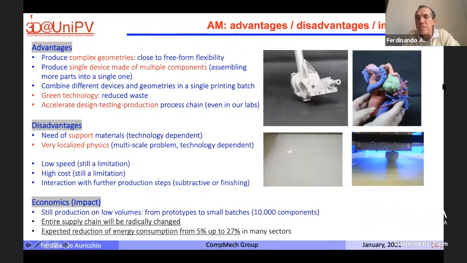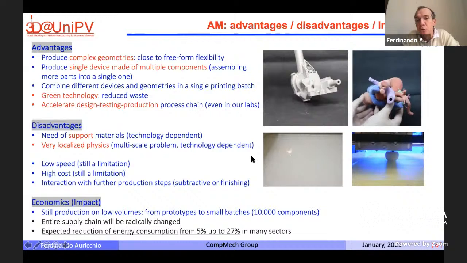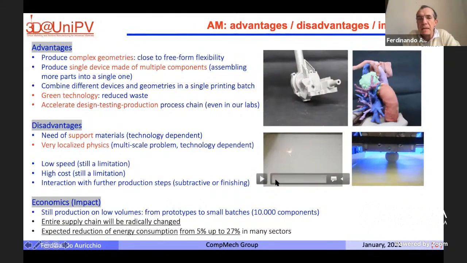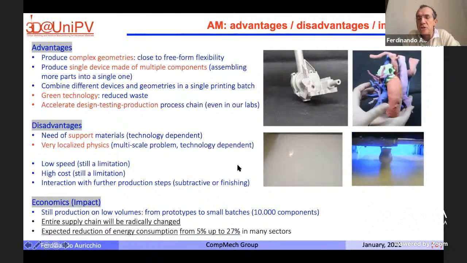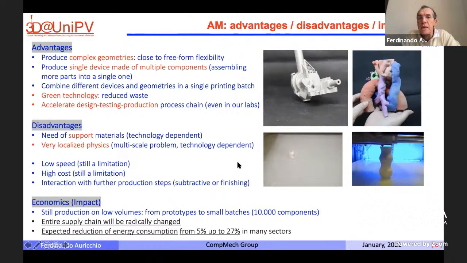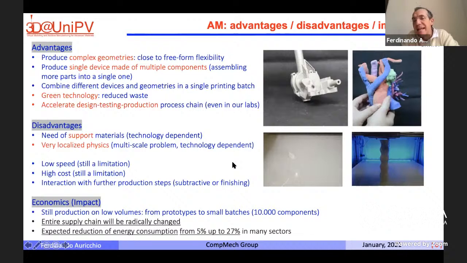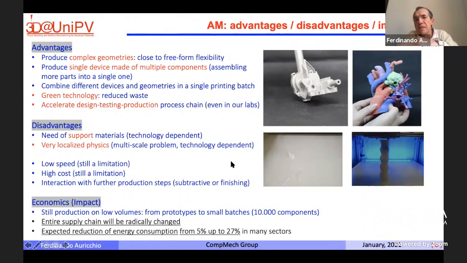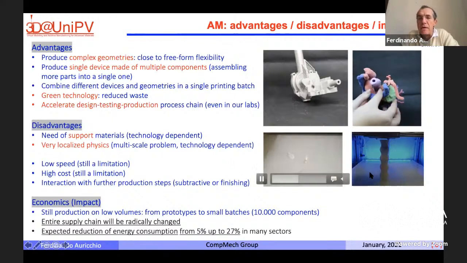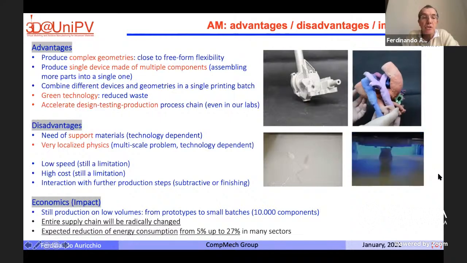So from the engineering and design point of view there are many opportunities, but clearly there are also some disadvantages. They are mainly related to the fact that this is a highly non-uniform production technology. It is an additive technology, so it builds layer after layer, and every time you build a new layer, you have a very localized, highly non-linear production process.